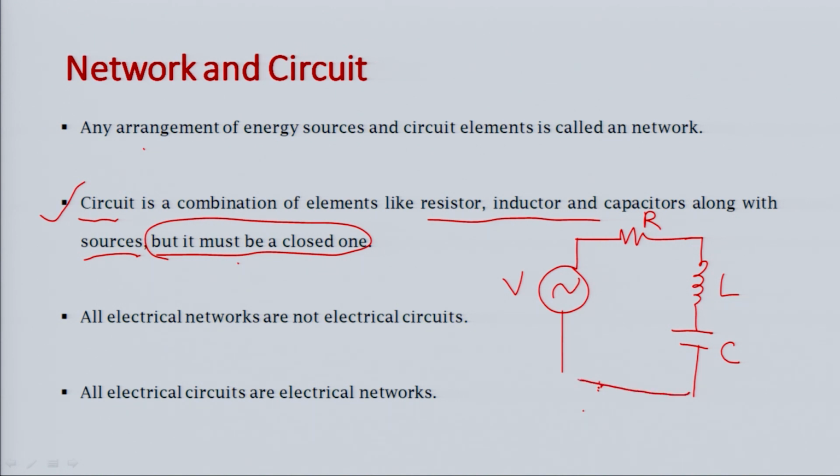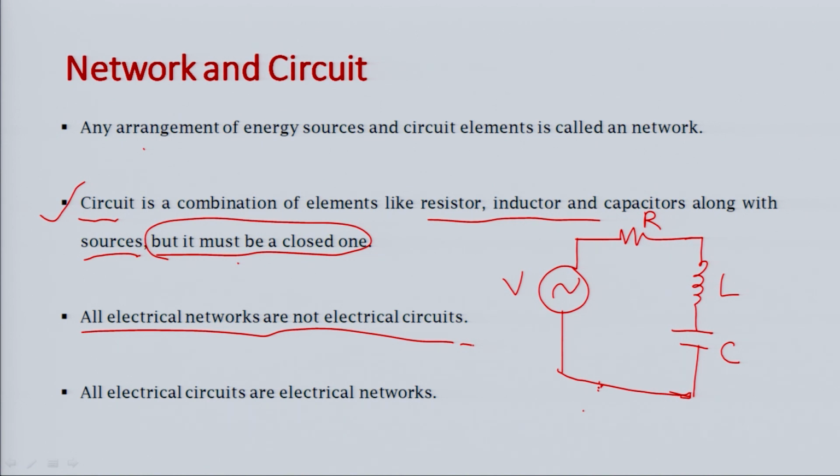So if we just close it, then it will become a circuit, right. With these two definitions we can say that all electrical networks are not electrical circuits, right. As we have just made a network, it was not closed, so we can say this is a network, but it is not an electrical circuit.